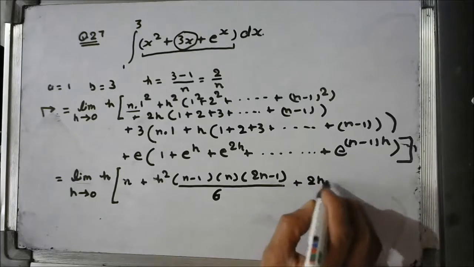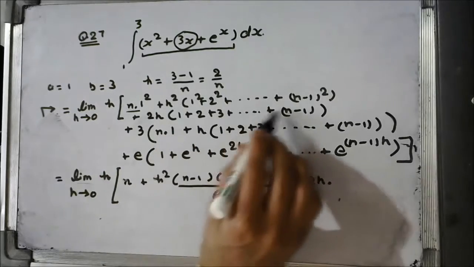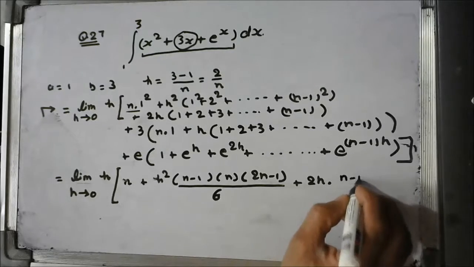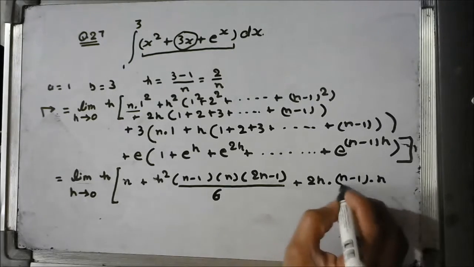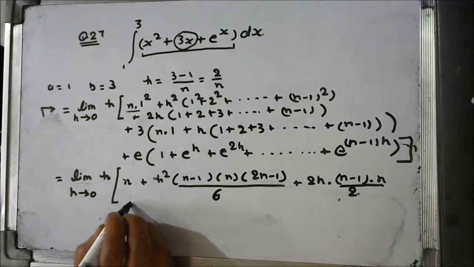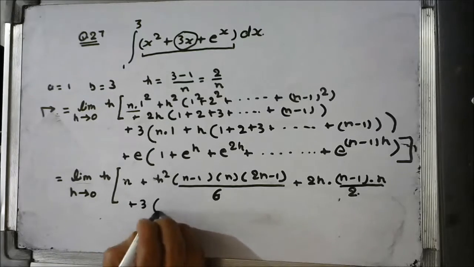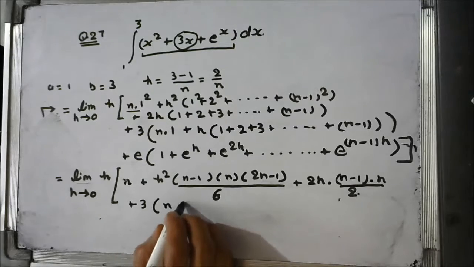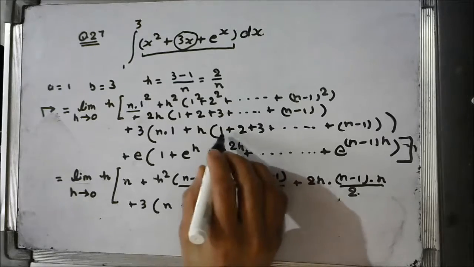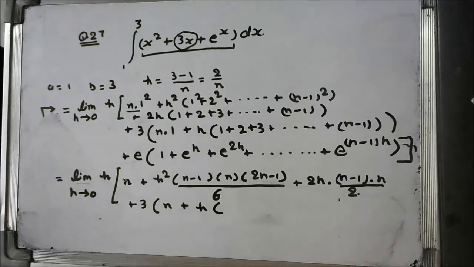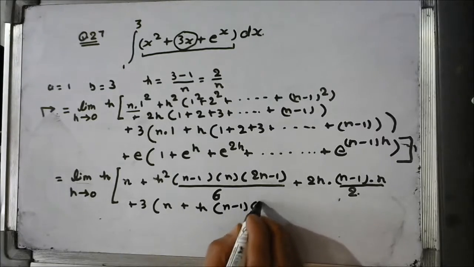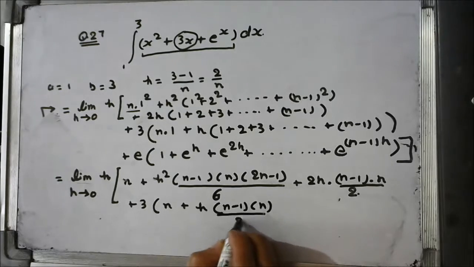Then 2h times the sum of n minus 1 natural numbers, which becomes n minus 1 into n upon 2. Coming to the next bracket, 3n plus h into the sum of n minus 1 natural numbers, which is n minus 1 into n upon 2.